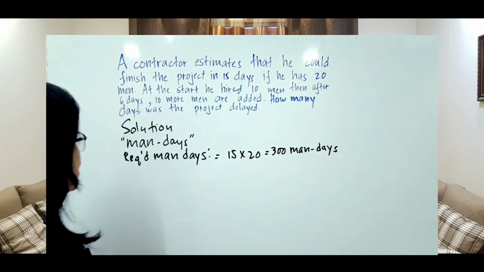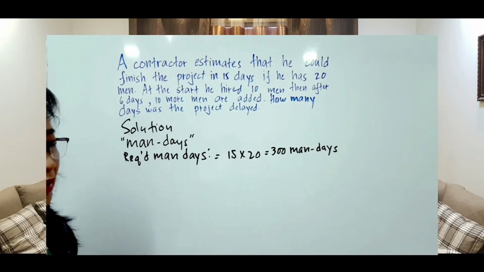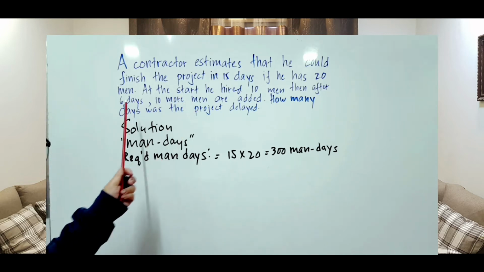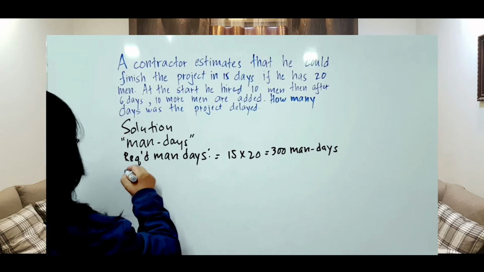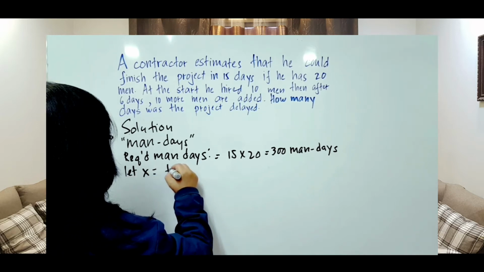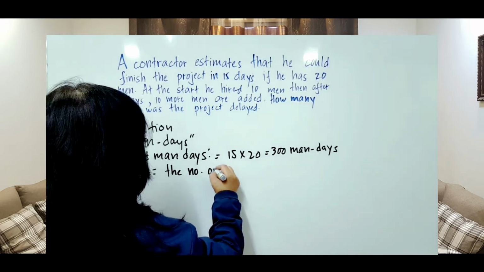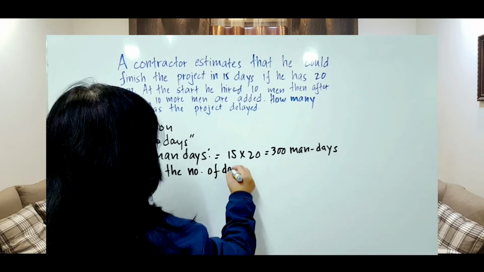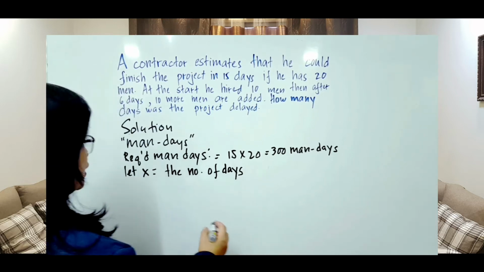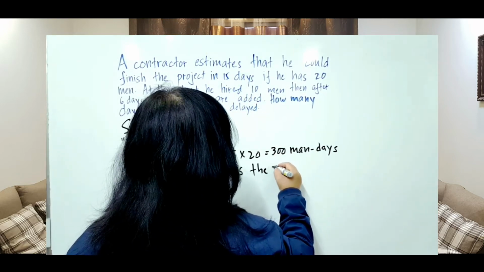Now, here, what is required is how many days was the project delayed. So now, if we will let X the number of days that 20 people work together.